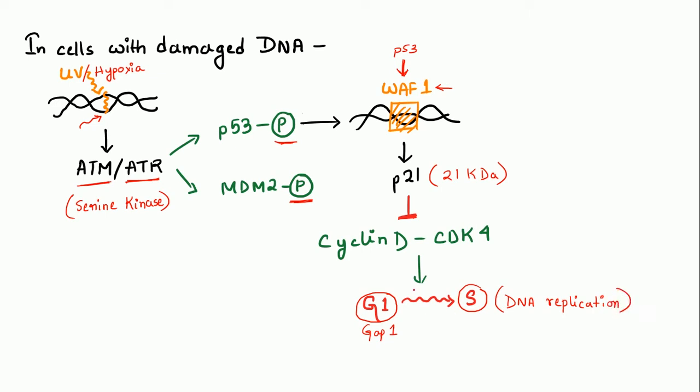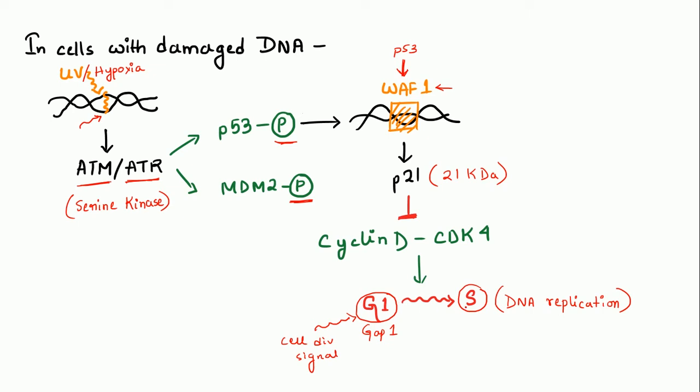So when there is a signal for cell division, the cell moves from G1 to the S phase, so that the DNA that is present can get replicated and that replicated DNA can move into the subsequent daughter cells.